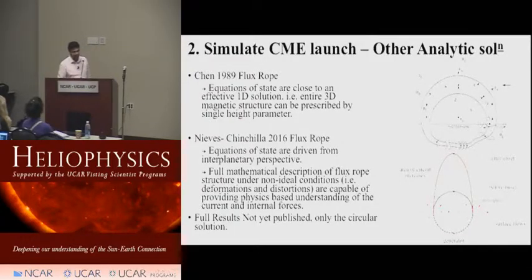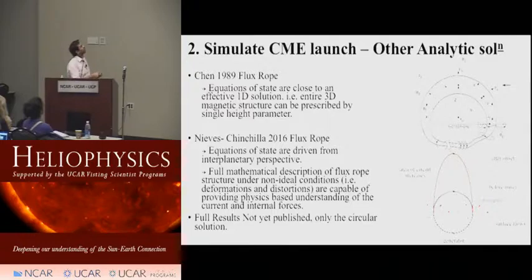Then I just wanted to go quickly into some other analytical solutions. I didn't want to dwell on them too much, but I wanted you to be aware that they exist. You've got Jing Chen's model, who also described a flux rope from the photosphere, from the surface, and tried to describe a set of equations that would solve this.